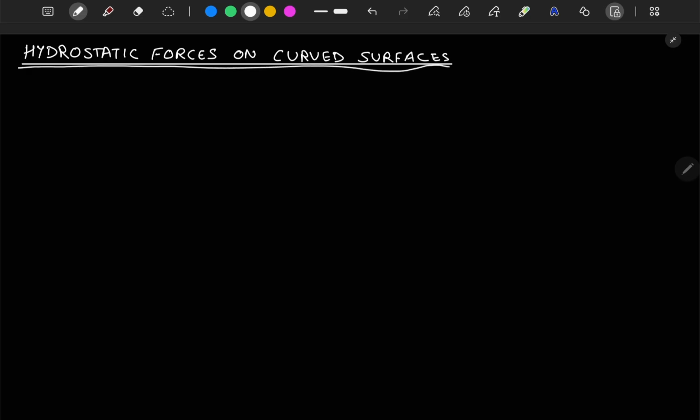For hydrostatic forces on curved surfaces, we will first consider an example. Let's consider a surface. Let me draw it here. Let's say there are two supports. This is a vertical support, and this is a curved surface.